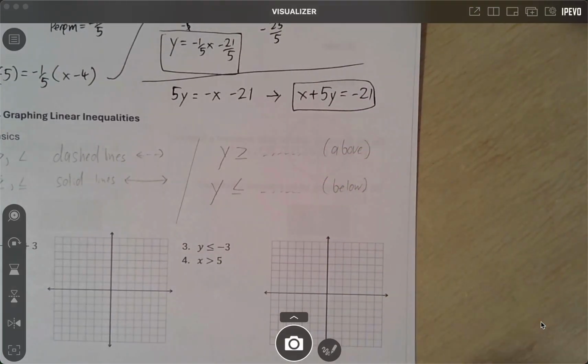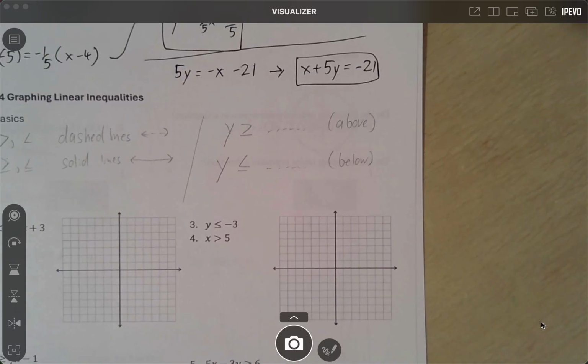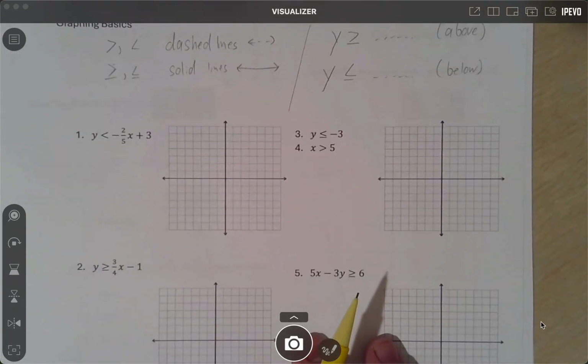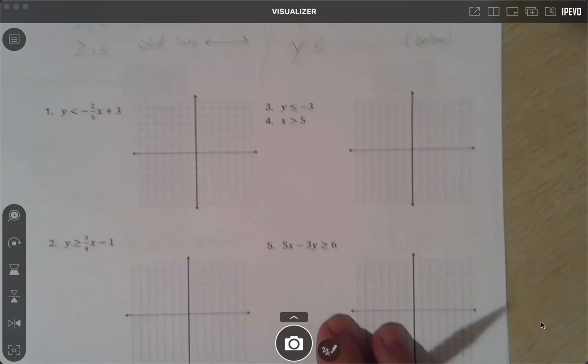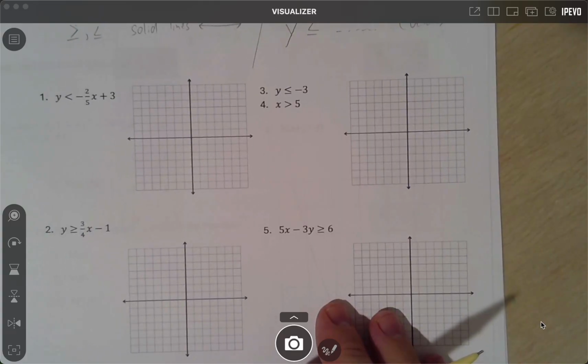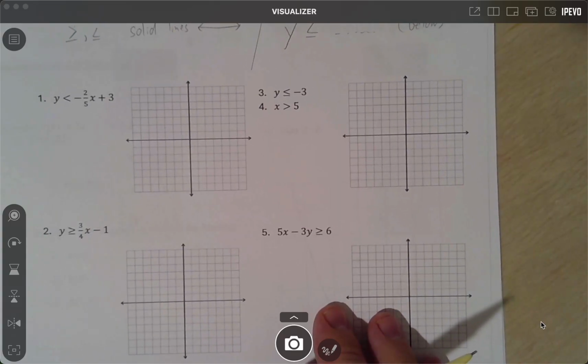Above and below is what you always want to think. There is one special case, and we'll see that here on 3 and 4. But the good news is you've done the heavy lifting, so this section should go by fairly quickly as soon as you grasp shading.